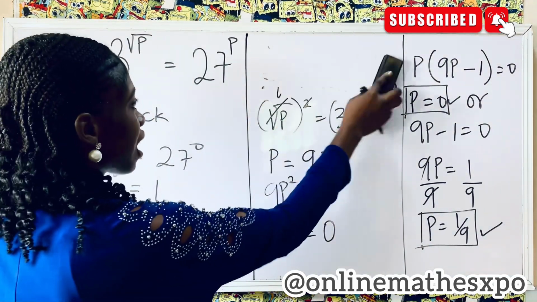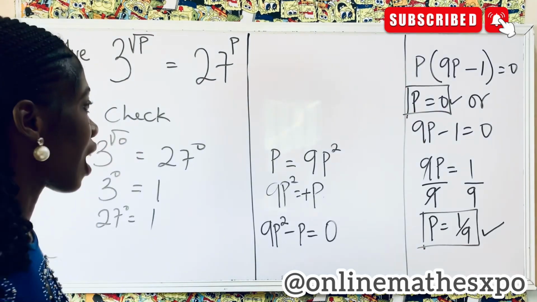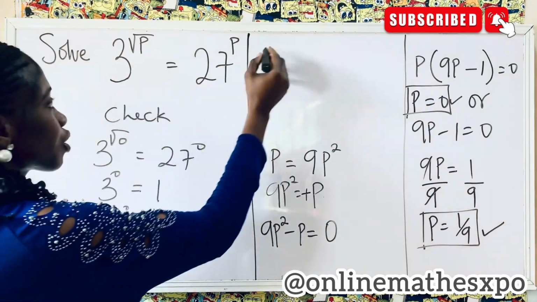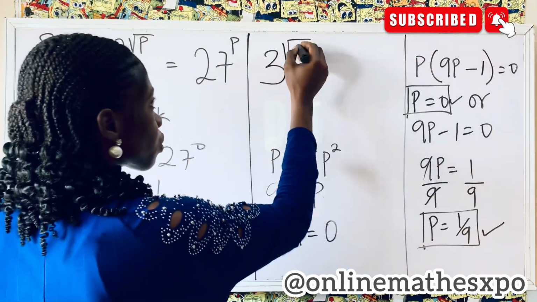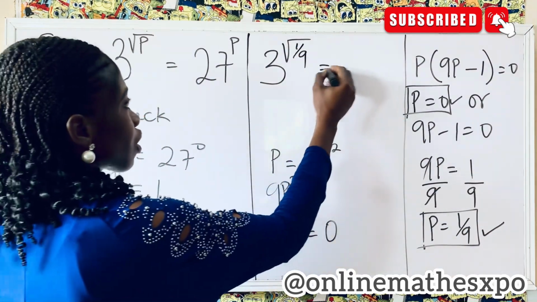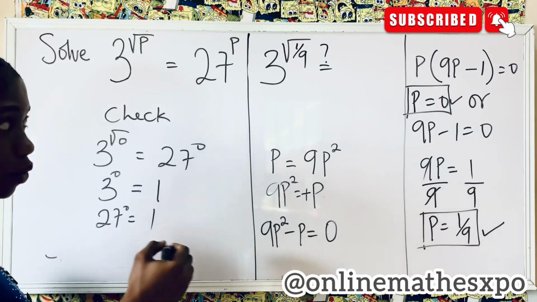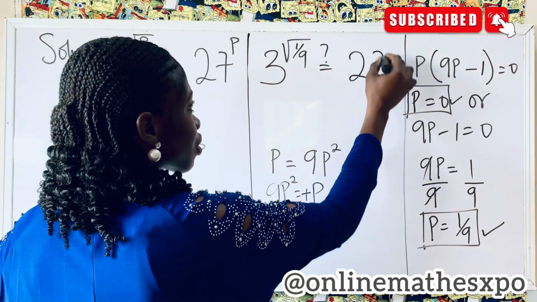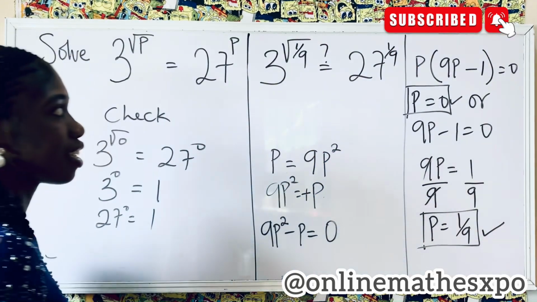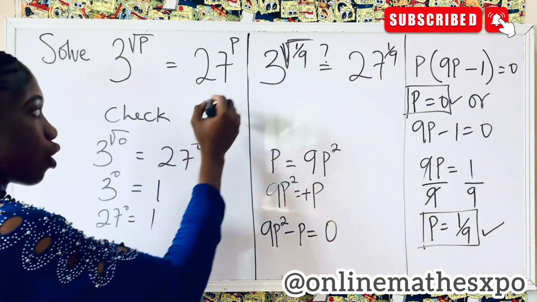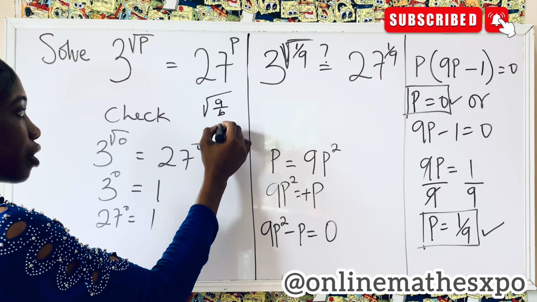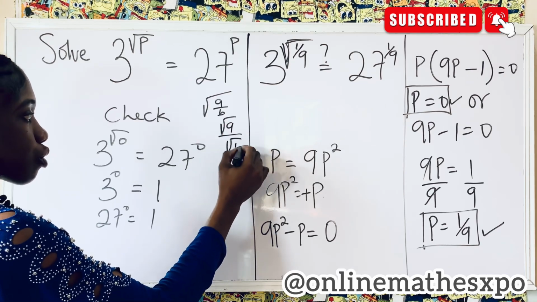We can do that here. So we're going to have 3 to the power of root, our p is 1 over 9, is equal to, is it equal to, that's our question, 27 to the power of 1 over 9. Remember, this square root, if you want to split it using your rule, if you have root of a over b, it is root a over root b.